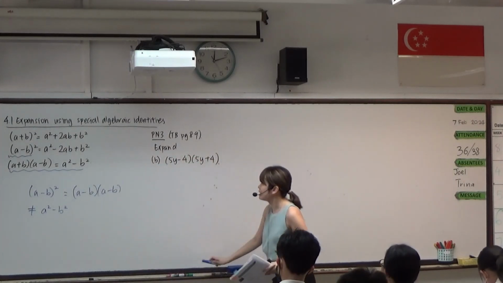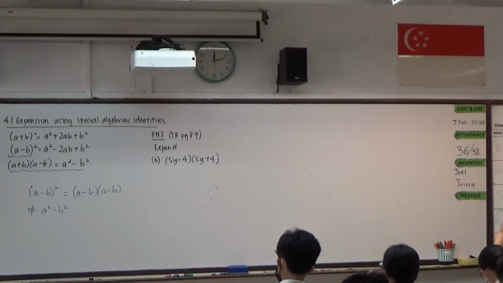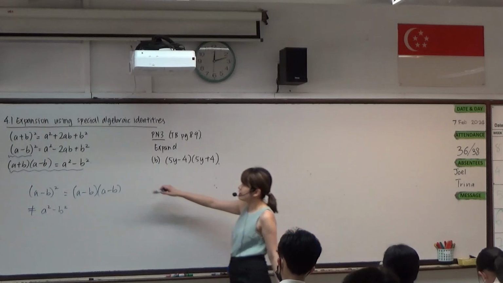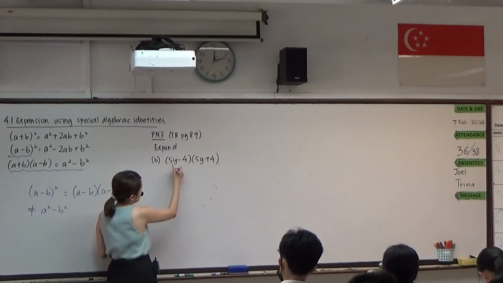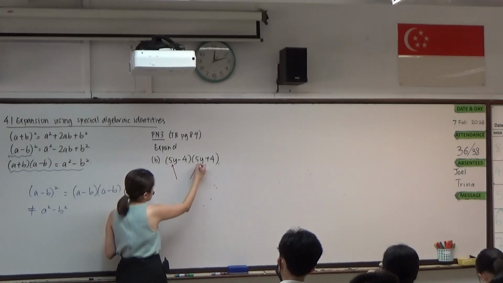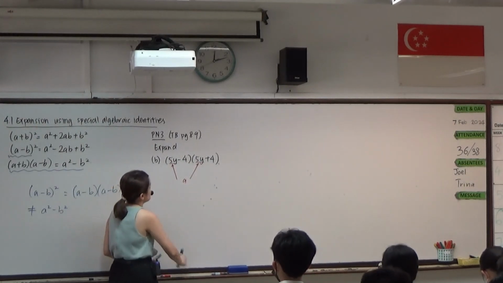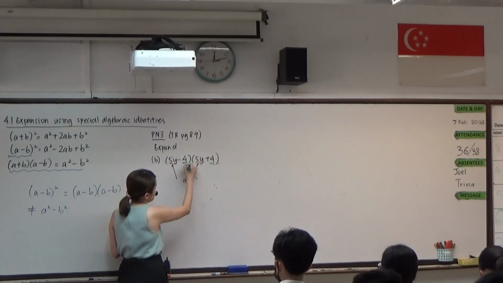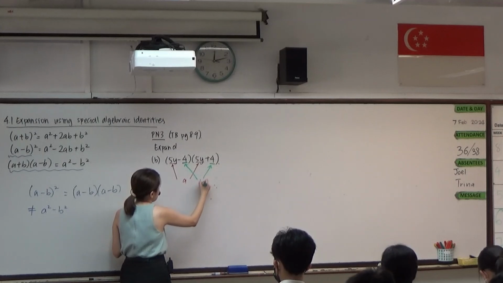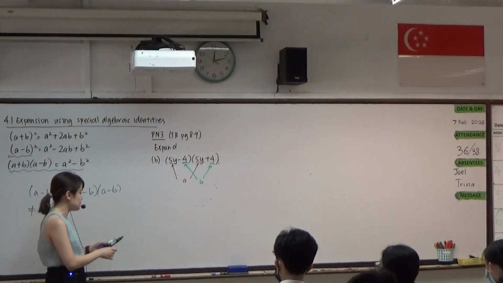If we have (5y minus 4) times (5y plus 4), I want to apply my third formula here. So I recognize that the A is going to be 5y, while my B, I ignore the operation, I'm only looking for the number, which is going to be 4. So it gives us our a squared minus b squared.